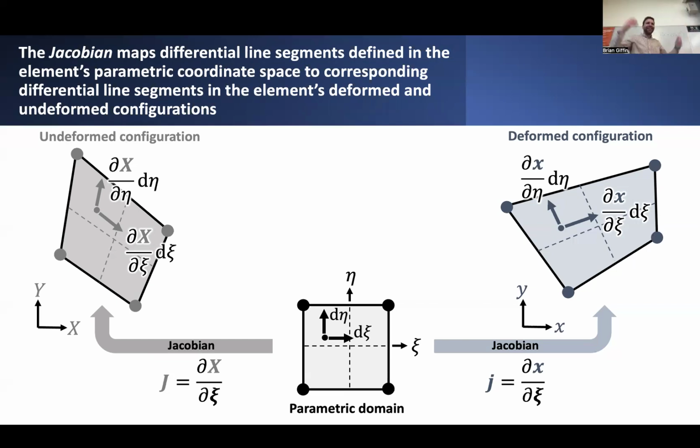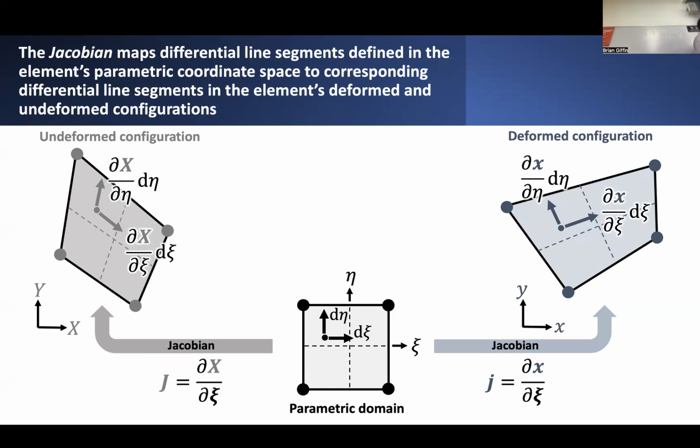You went through several exercises in the homework to get a better intuition behind what this Jacobian represents. Here too, there are two Jacobians, one associated with the undeformed configuration and one associated with the deformed configuration.